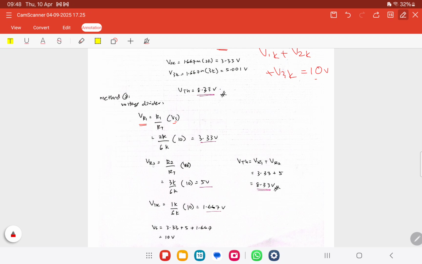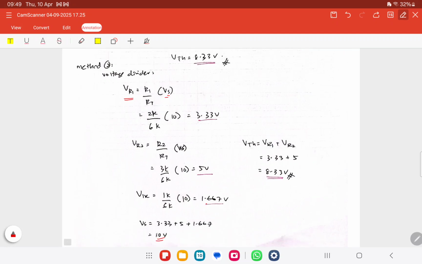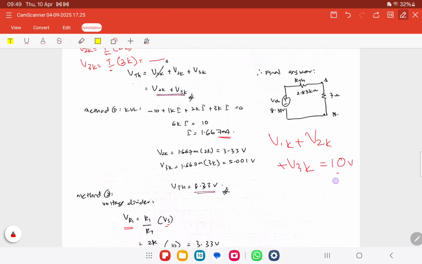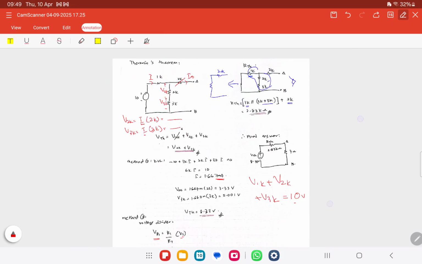For VR2, R2 over R total darab dengan the supply. Yang bawah ni I just want to check V1K dengan V2K dengan V3K, total semua dapat sama ke tak? 10. But then for the VTH, only V dekat 2K dengan 3K kan? V dekat tengah tu je.